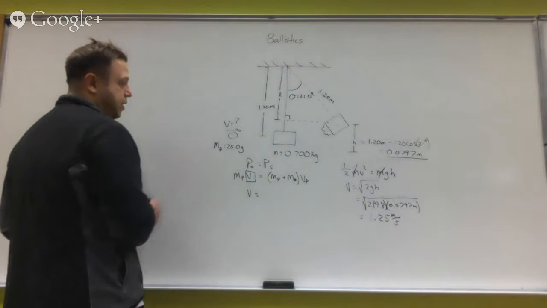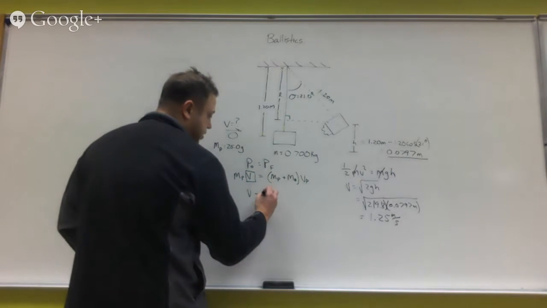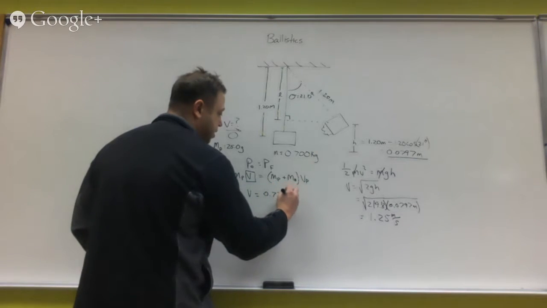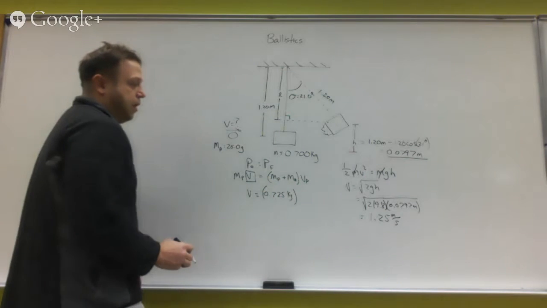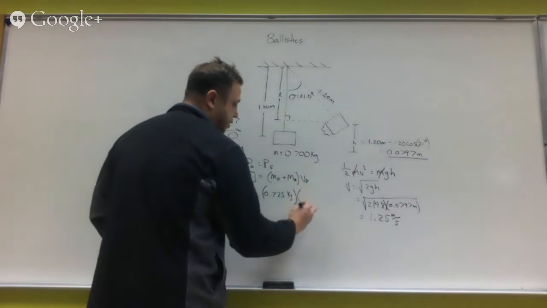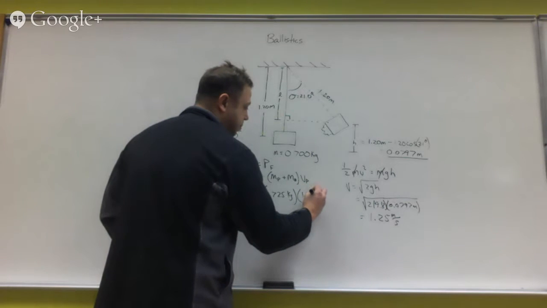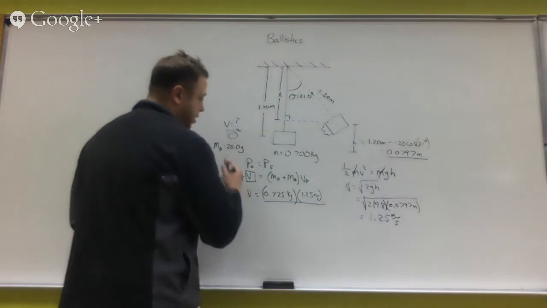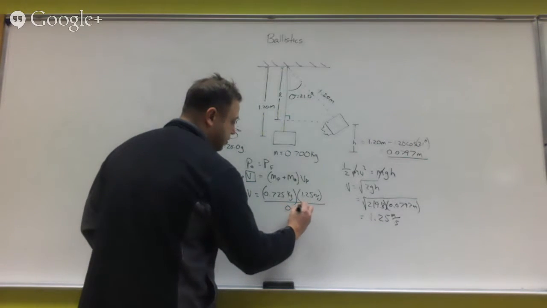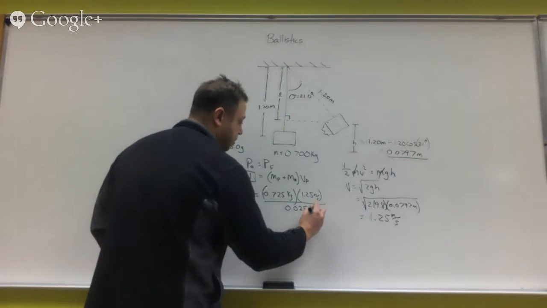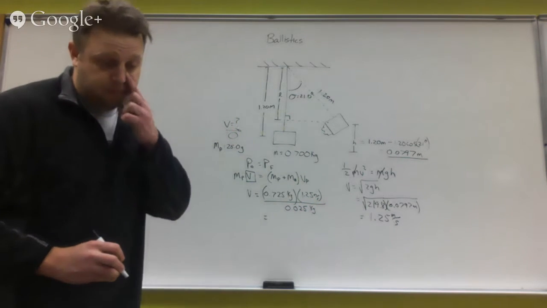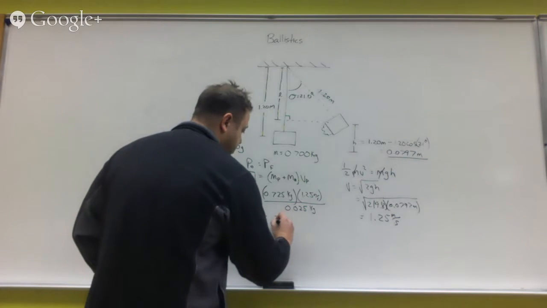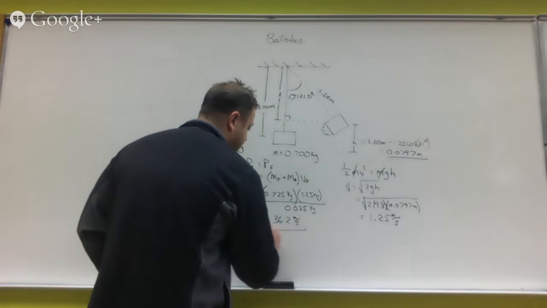If we move this three decimal places to the left, this gives a total mass of 0.725 kilograms, times my speed after the collision, 1.25 meters per second, divided by the mass of the putty, which has to be in kilograms, so 0.025 kilograms. That gives a fairly significant velocity. We end up with 36.2 meters per second. So this thing's moving.